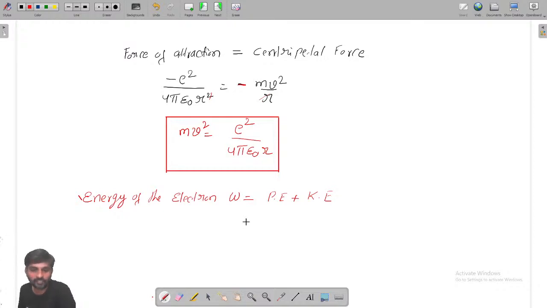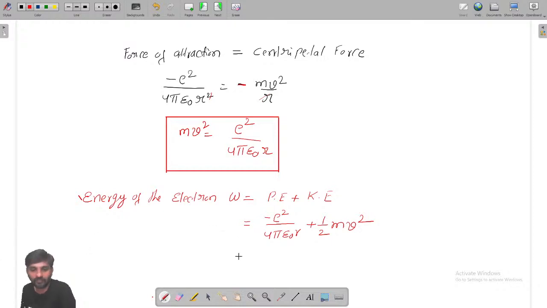So, what is the potential energy? Q into V, which we have discussed. Q into V is also equal to minus e square by 4 pi epsilon naught into r. And what is the kinetic energy? We know that kinetic energy would be half mv square.